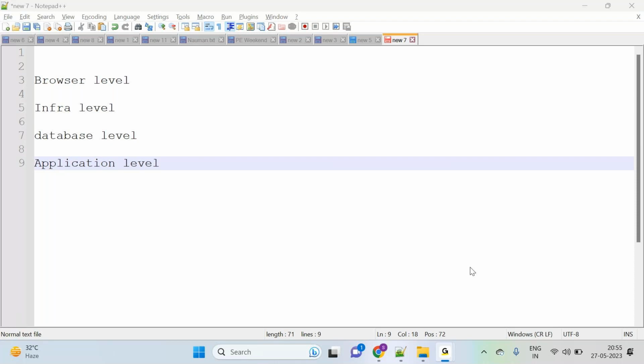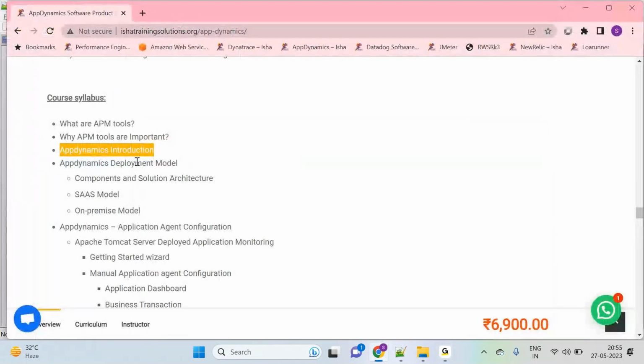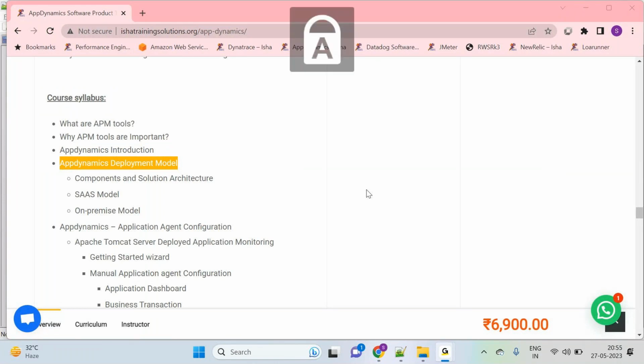So for AppDynamics deployment, there are two deployment models. One is the SaaS-based model, another is the on-premises model. On-premises is nothing but we configure everything within the firewall, and all installers will be in our premises itself. In the SaaS model, the vendor, Cisco AppDynamics, is providing that. So it's up to the interest of the customer.